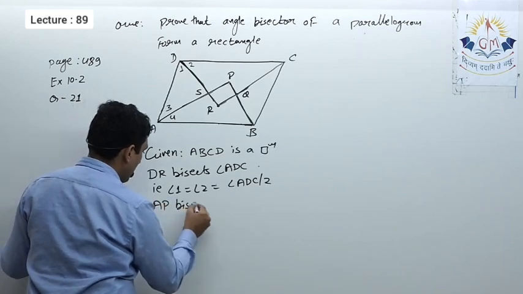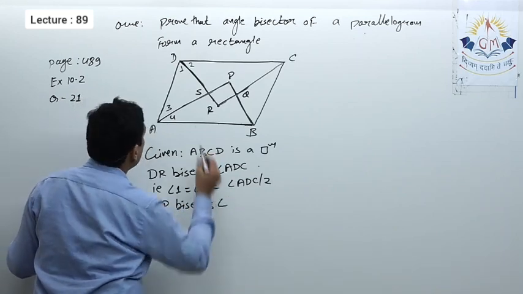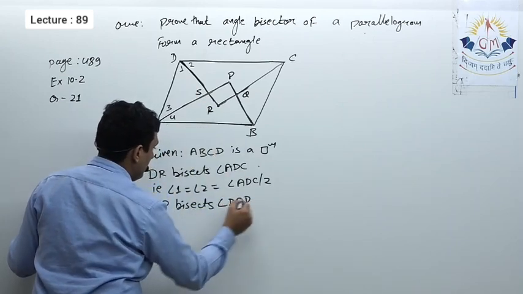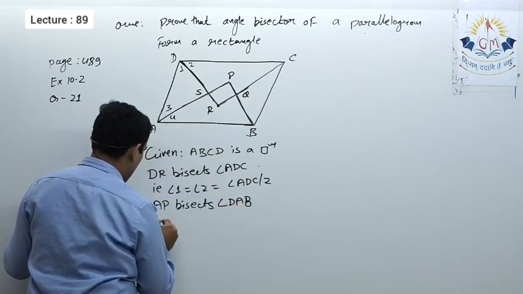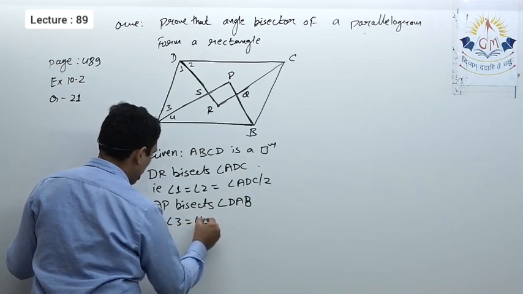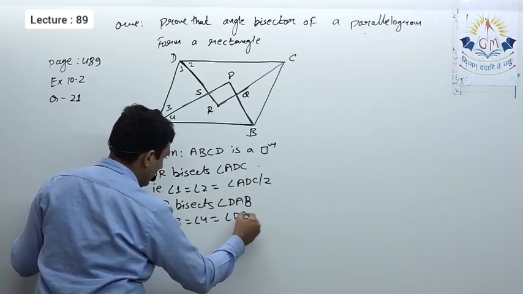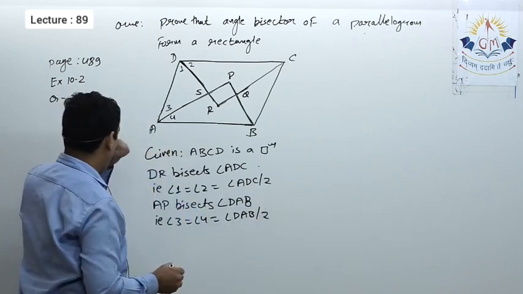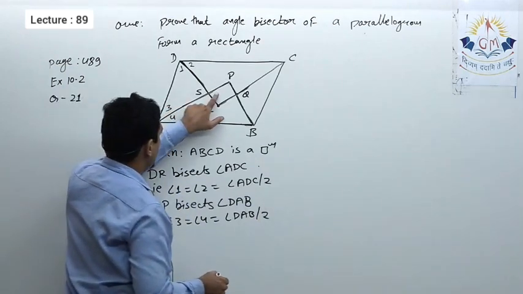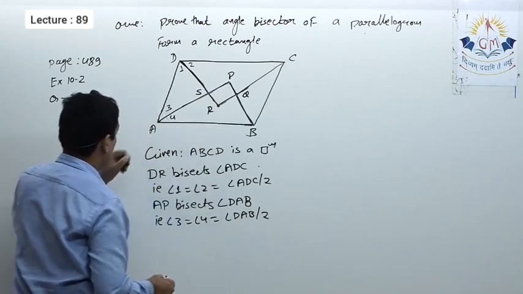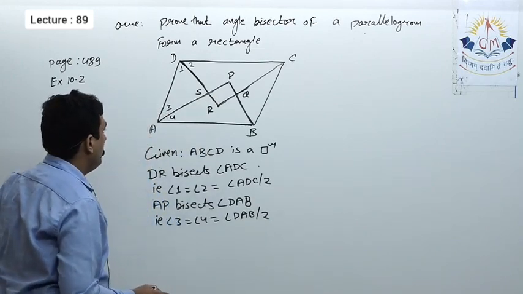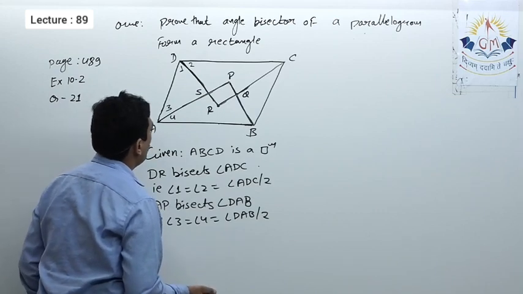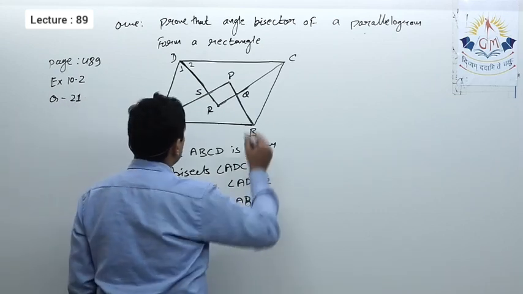AP bisects angle DAB, therefore angle 3 is equal to angle 4 is equal to angle DAB by 2. It is a little bit lengthy, but that is the only way to prove this.